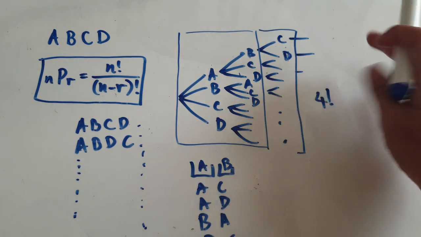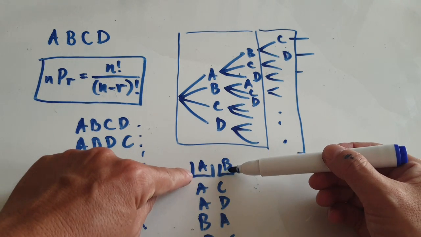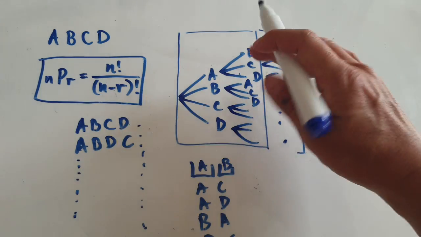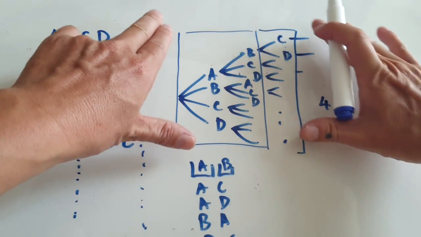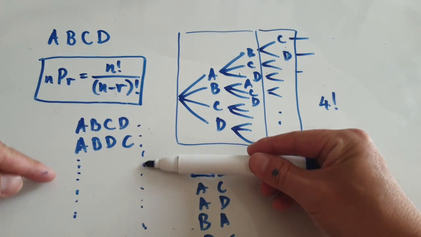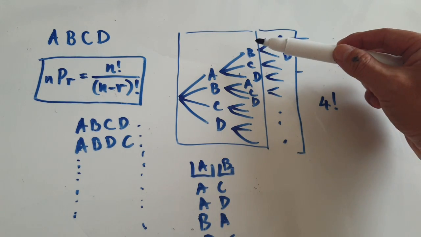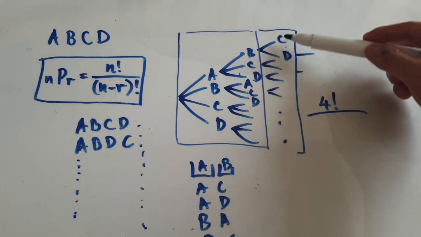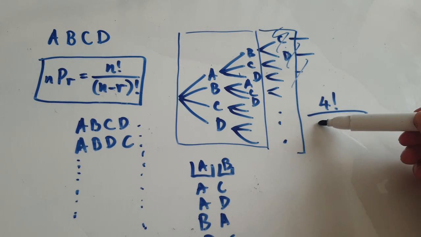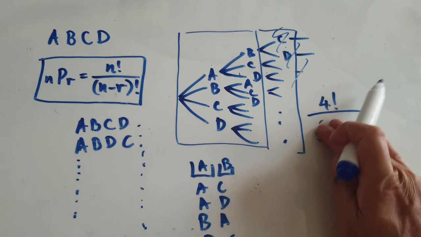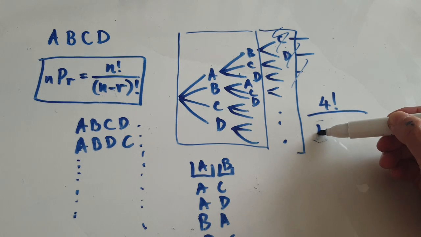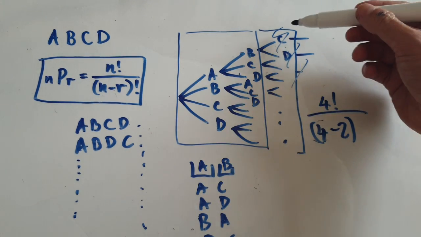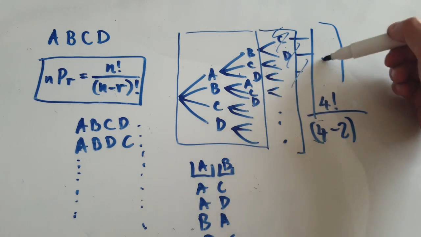So let's start again here. If you want to know all the possible arrangements, in your mind you would do 4 factorial. That gives you the whole tree diagram plus all the possible arrangements. But you only have 2 slots. So what you do is you divide by, you discard this bit here. You discard 4 minus 2 factorial, which represents the other 2 columns over here.